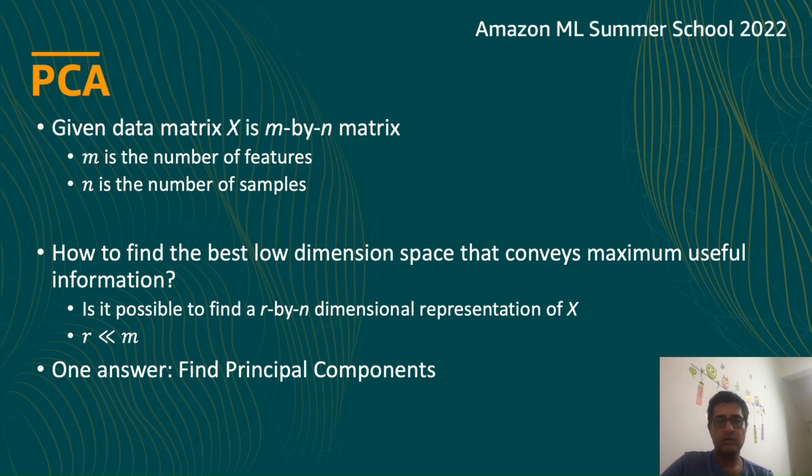Is there a smaller dimension R such that, in case I had only that much space to represent my matrix or the information about it, I can still have minimal information loss? Okay, and I'll show you examples of what PCA can achieve in terms of image compression and other interpretable stuff.